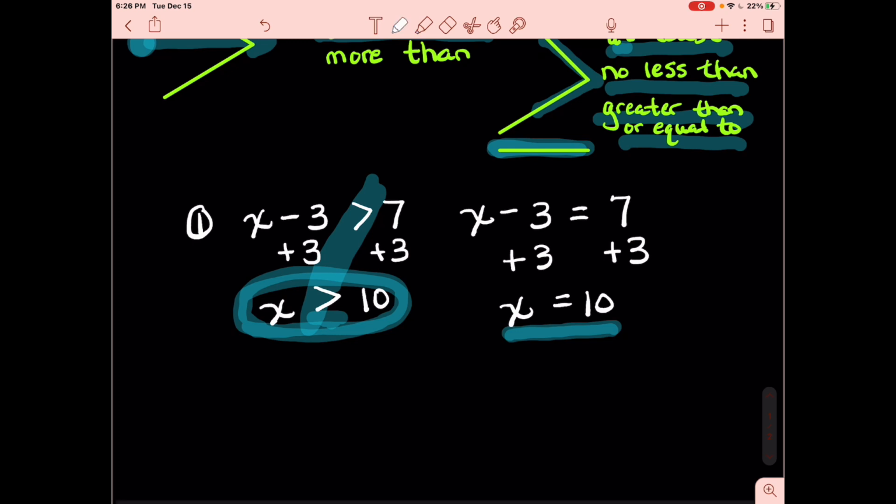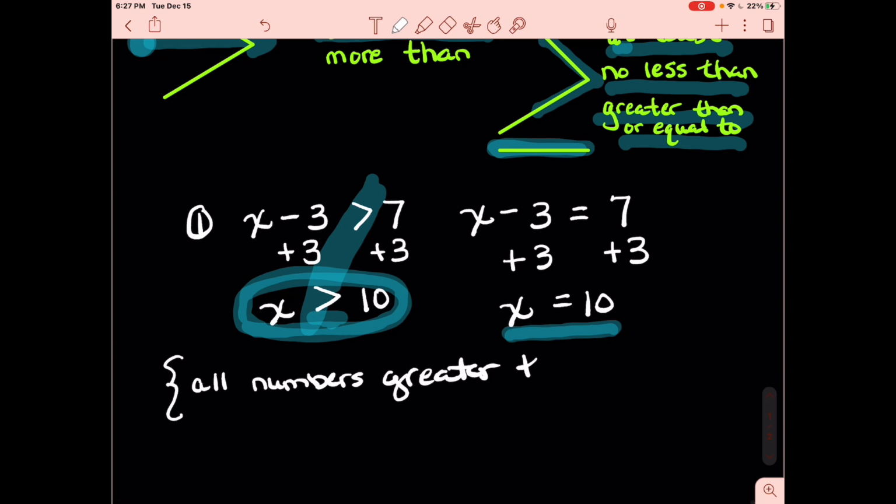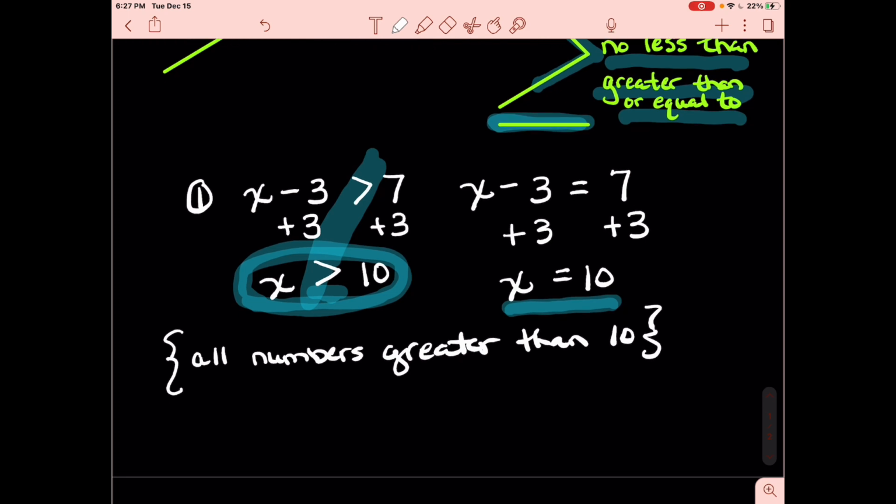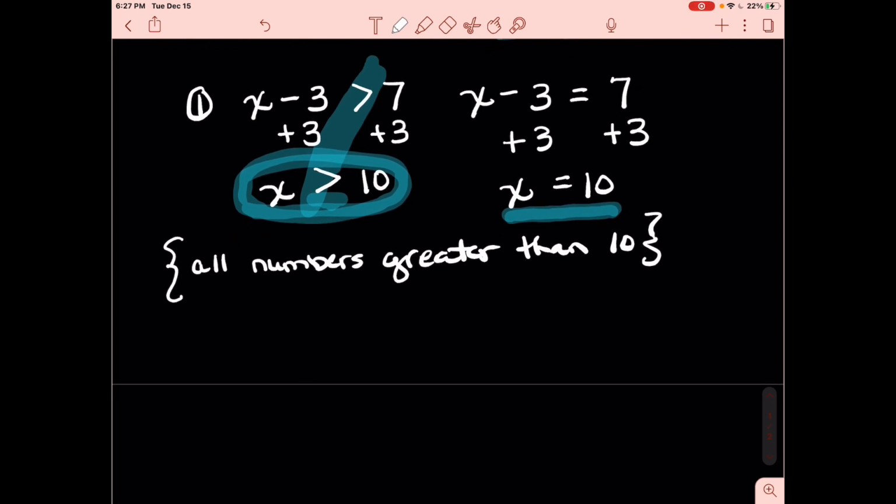Let me show you a couple ways that we write these answers. Sometimes in a set, people write it out like, maybe you might write all numbers greater than 10. That's probably the worst way to write it because it's long.